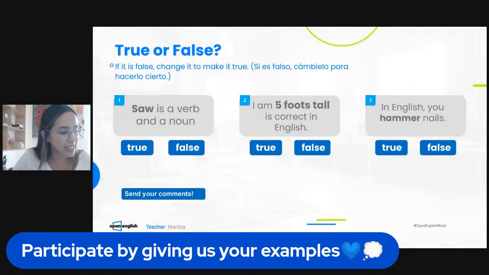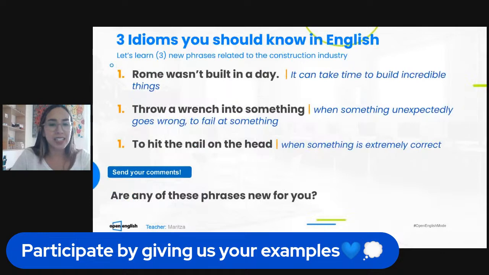Yes, Carlos, this is true. All right. So remember, there are certain verbs that are the same for both the noun and the verb. So saw is a noun and a verb. Hammer is a noun and a verb as well. Excellent. Very good, everyone.